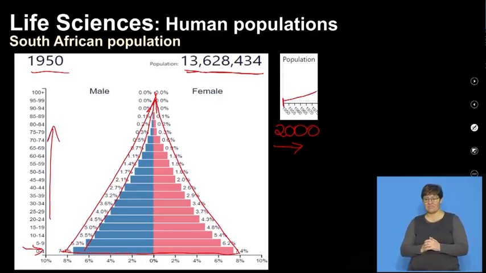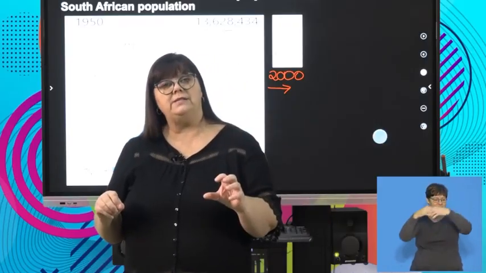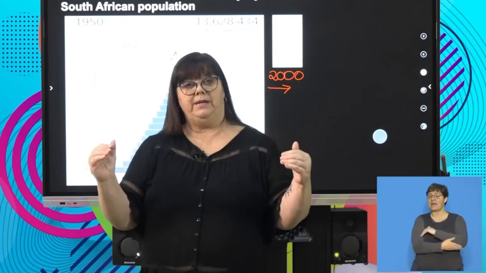So we're going to take this South African population age-gender distribution, and after the break we're going to follow this distribution from year to year to see how the South African population has changed over time. What you need to remember is that we can produce an age-gender distribution for other countries, and we can see that certain countries will have stable populations.